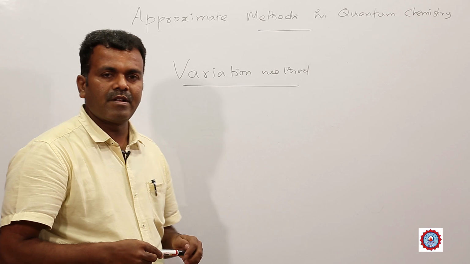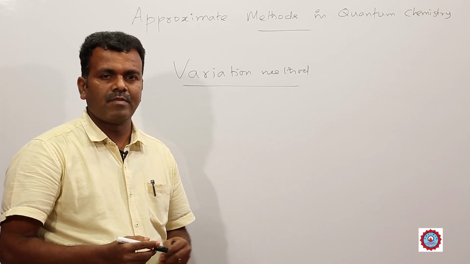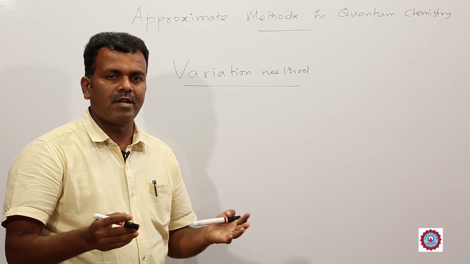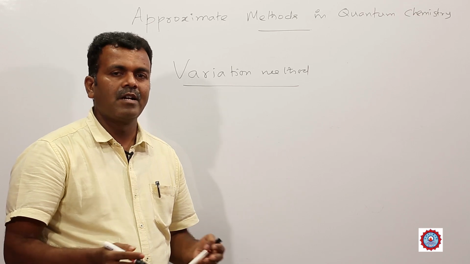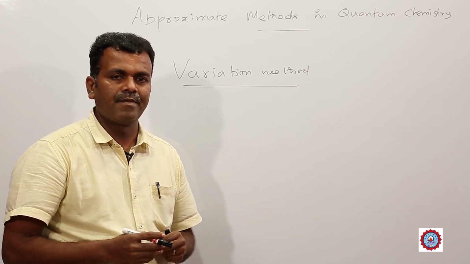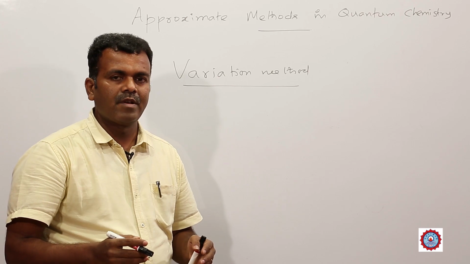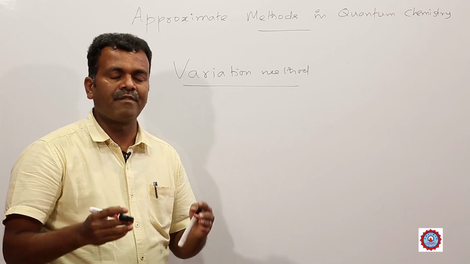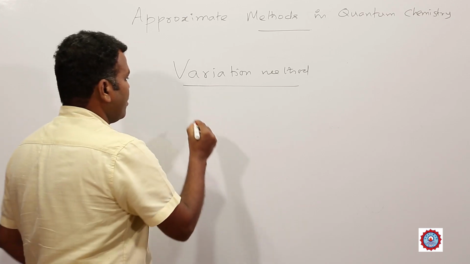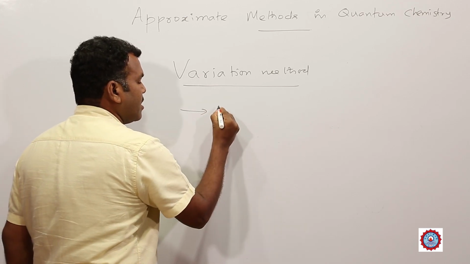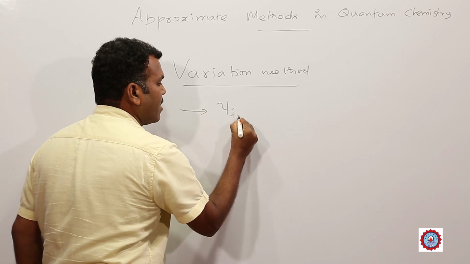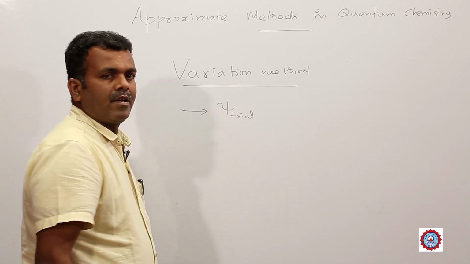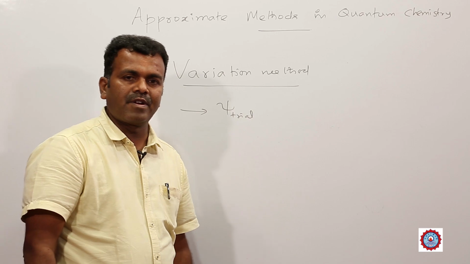In the variation method, for a given system, as I have told you already, the system that we are handling contains more than one electron. So, for a given system, according to the variation method, first we should guess a wave function, which is called the trial wave function.